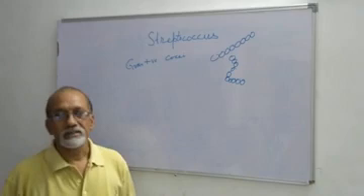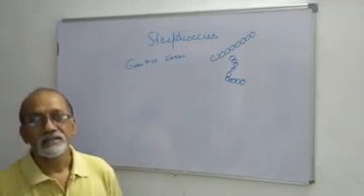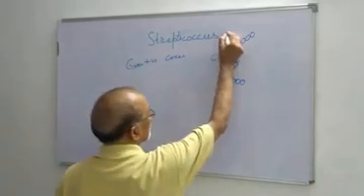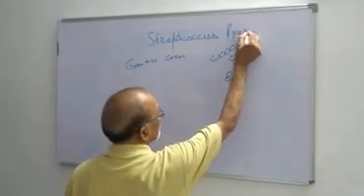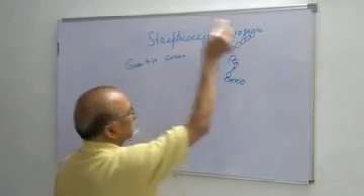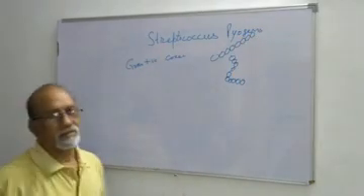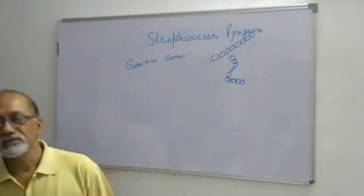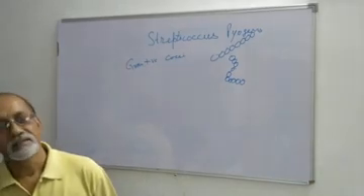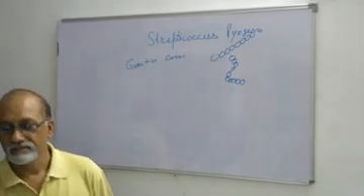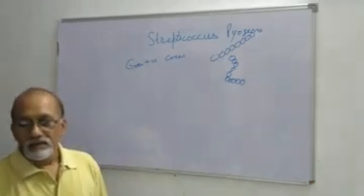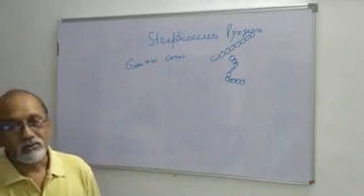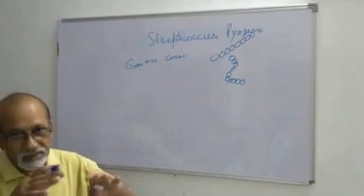The most important of them is Streptococcus pyogenes. It is a group of Streptococcus, and out of that, it is one of them. This is the most infectious coccus. The infection is typically localized.